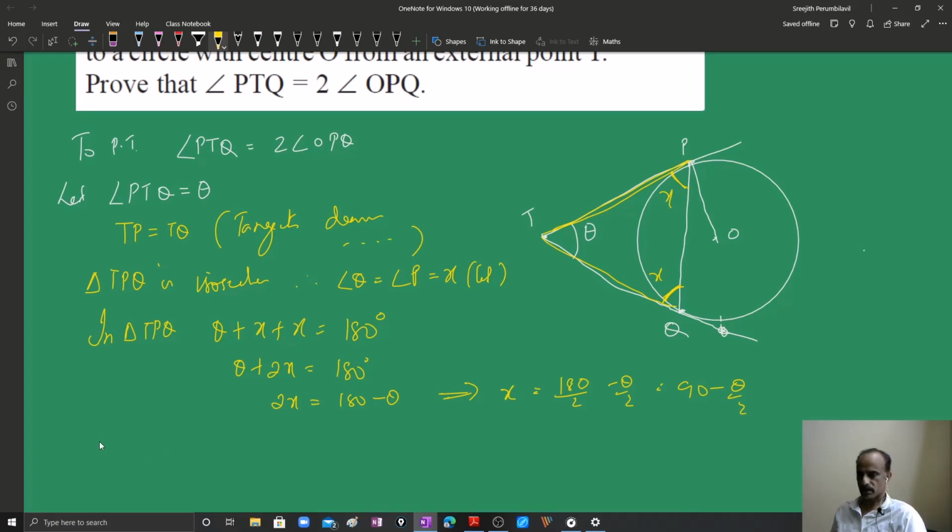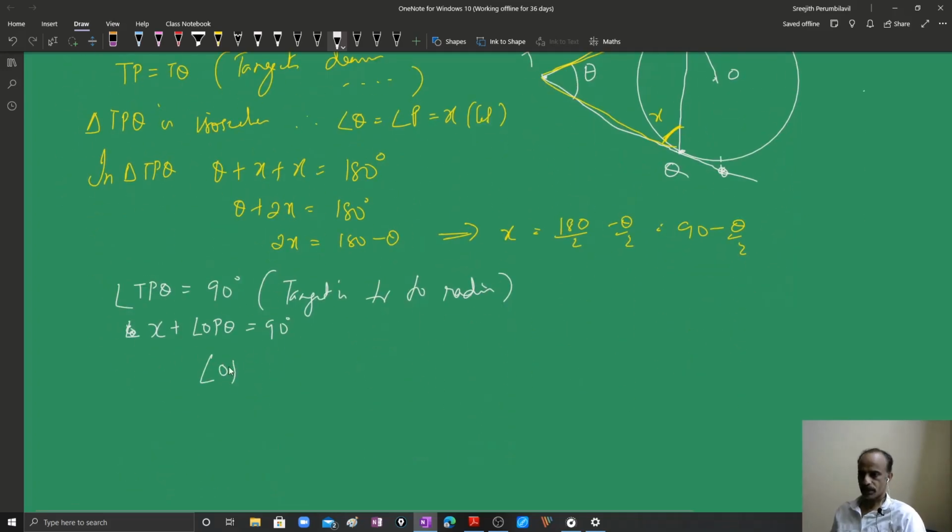Now what is this entire angle? Angle TPO is equal to 90 degrees. What is the reason? Tangent is perpendicular to the radius. That means x plus angle OPQ is equal to 90 degrees, or angle OPQ is equal to 90 minus x.